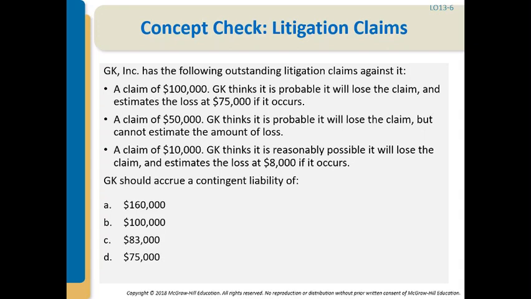The second one is definitely not a liability. The question is number 3, and here it's not probable, it's only reasonably possible. And even if you can estimate the amount of loss, if it's only reasonably possible, you don't have to accrue a liability there. You only have to include a disclosure note. So here the answer is $75,000.